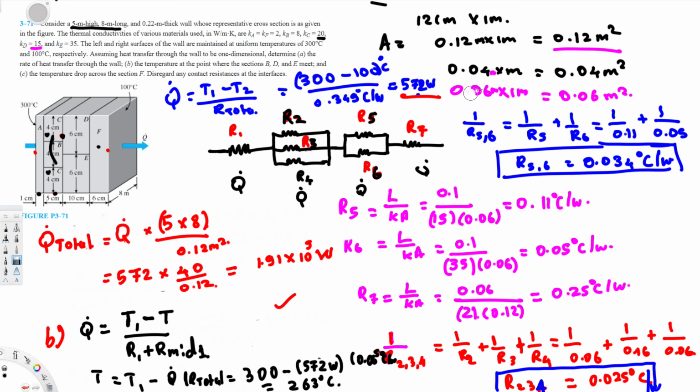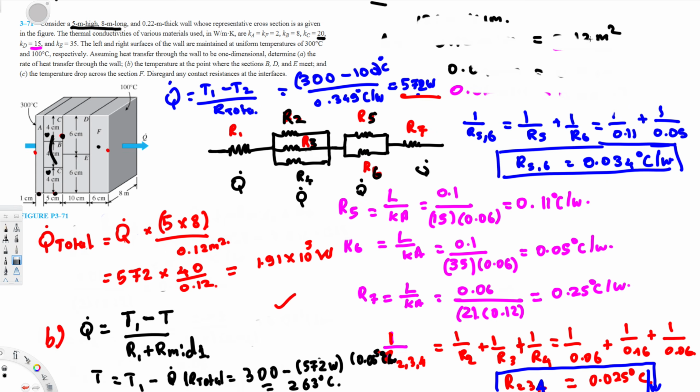Here we only use this part. Let's trace this and continue right here. So here we are trying to find the C part, temperature drop at this F. So let's create the equation first.